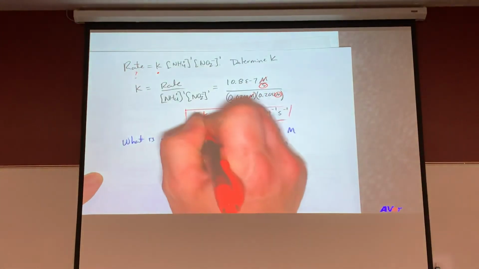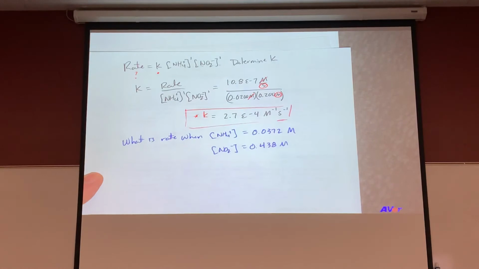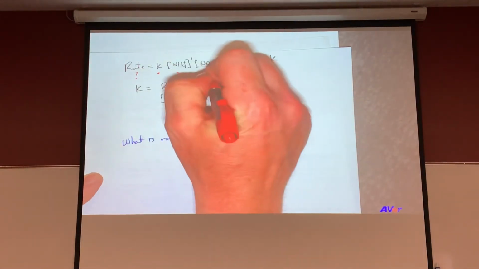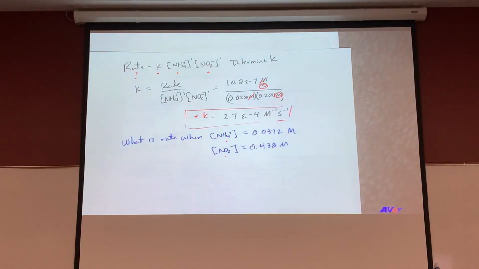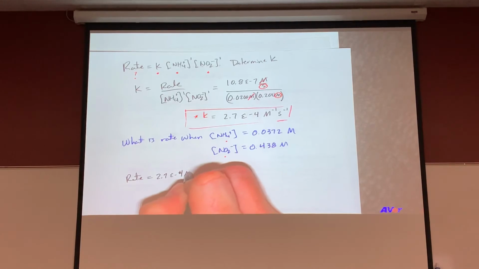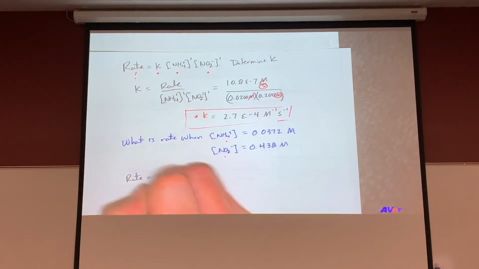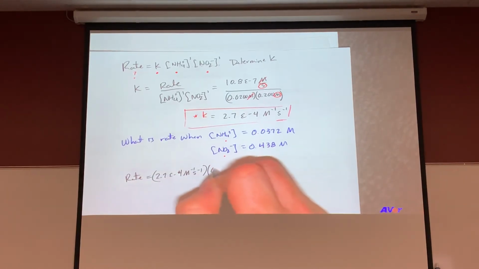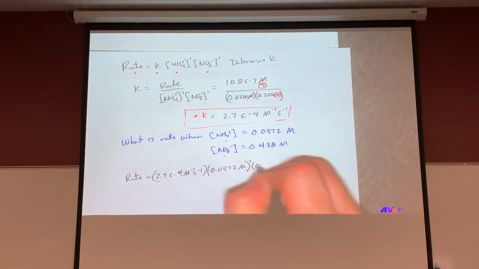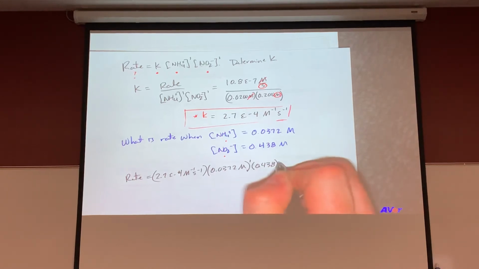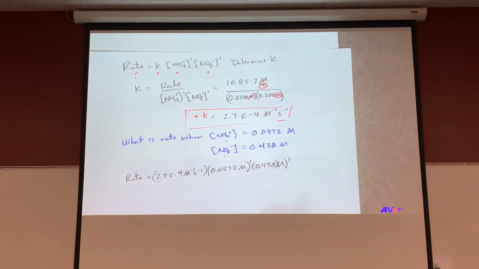You have the value for K right there, and I've given you concentrations. All that you need to do then is say rate equals 3.7 times 10 to the negative 4, put in your units, molarity^-1 sec^-1, times the first concentration to the first power, 0.438.